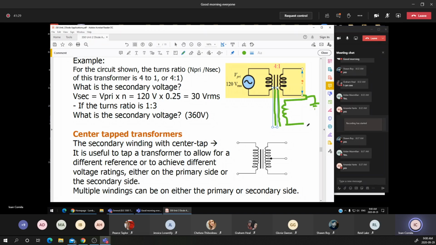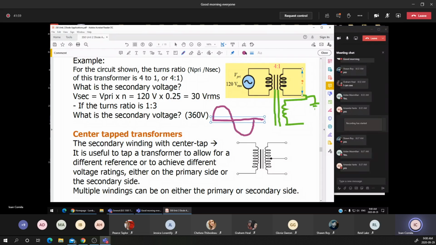Now let's try to determine the polarity on the two secondary voltages. I'll draw on the side, in a different color, the AC waveform, with the positive and the negative.